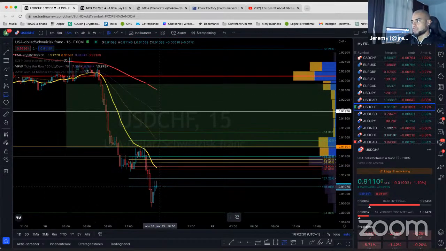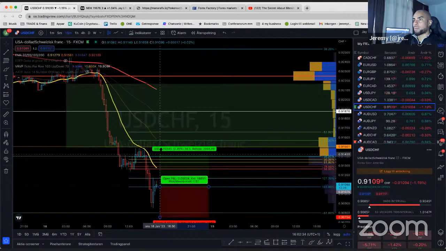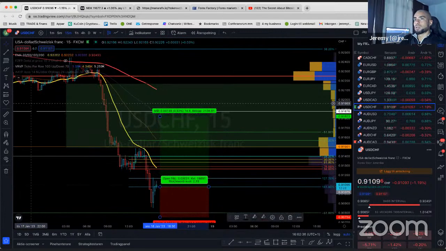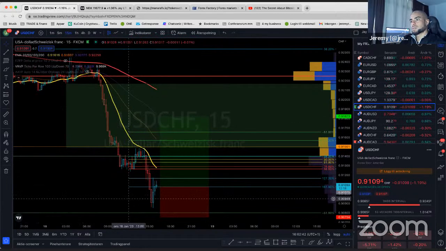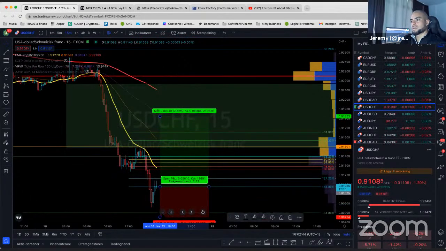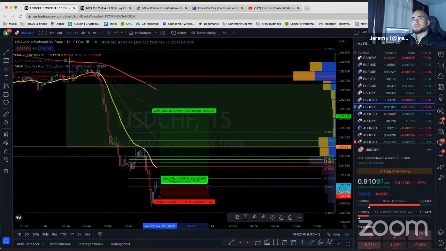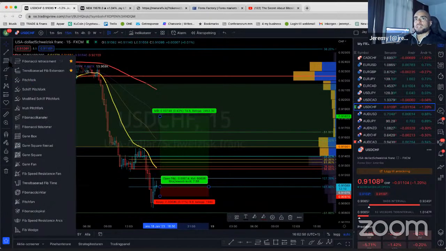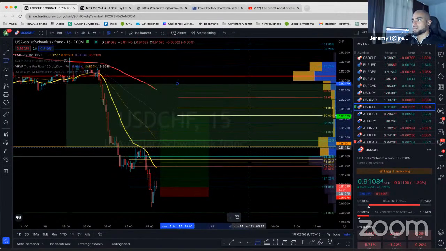Enter here at about 91.7, and that trade should go all the way up to, let me remove some of these lines so you can see things clear. And that trade would go all the way up to 50% of this liquidity zone that we got here.